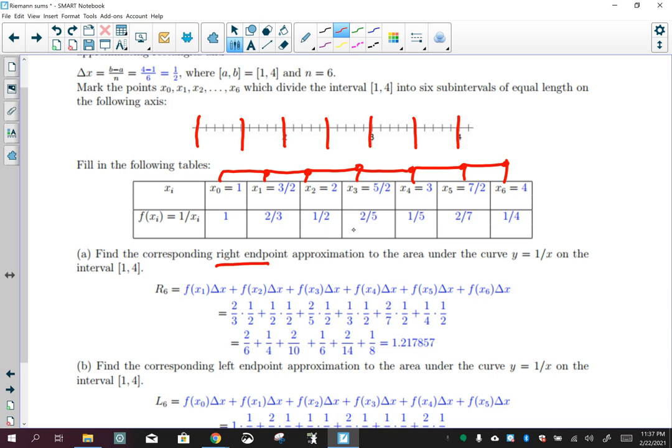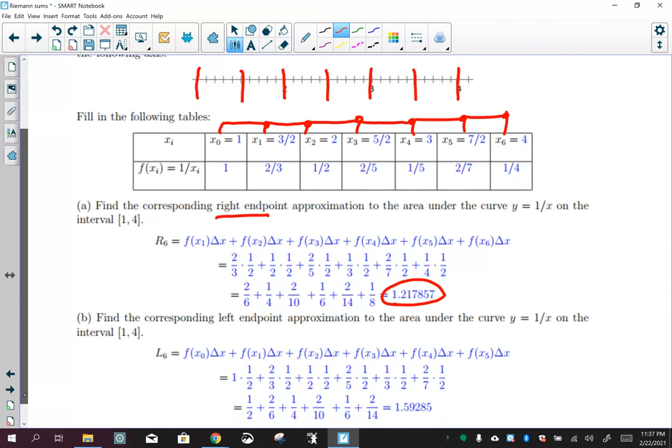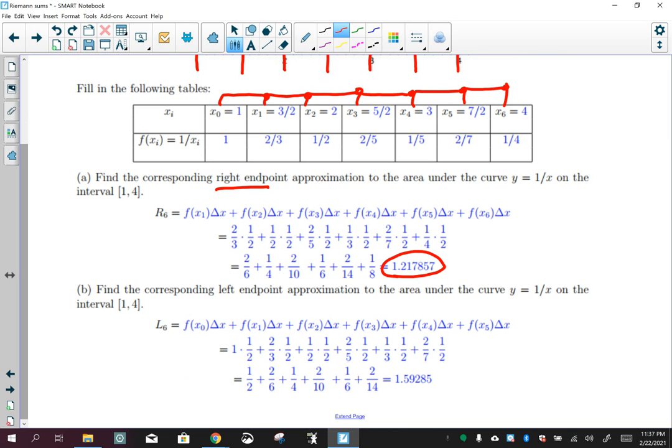You're just multiplying that delta x times each one of those y values, cleaning it up, and you wind up with an answer that looks like that. With the left one, you're going to use these values here, and then again, go through, clean it up, and you wind up with something that looks like that.